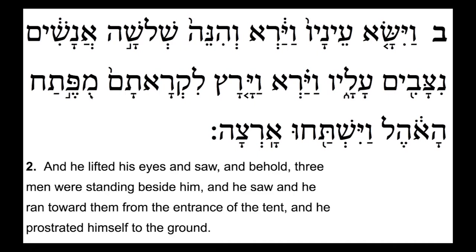Mi means from, and petach, as we translated in the last verse, means opening or entrance. And then we have ha ohel, which we translated before. Ha is the, ohel is tent. And then we have vayishtachu, which means and he prostrated.